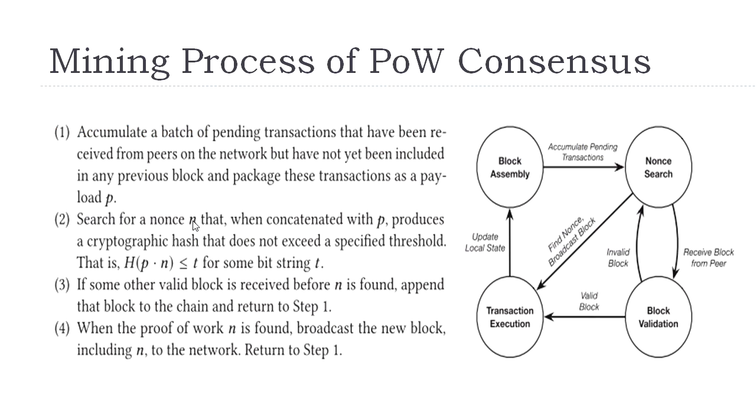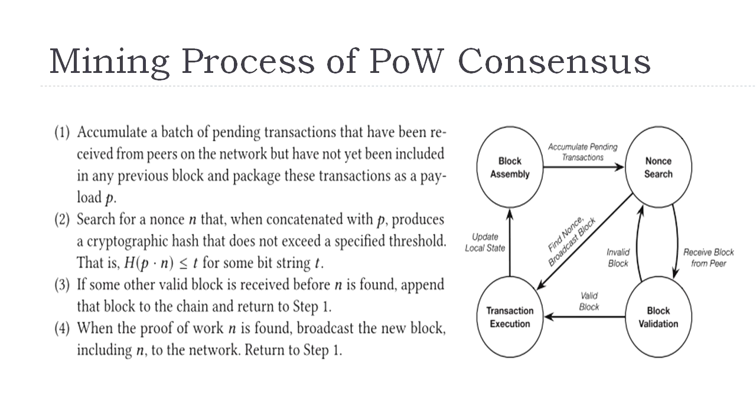Search for a nonce n when concatenated with P. What is P? The package of the transactions. It produces a cryptographic hash that does not exceed a specified threshold. That means I want, for example, the first 5 bits as zeros, or the first 4 bits as zeros, first 20 bits as zeros, first 40 bits as zeros.